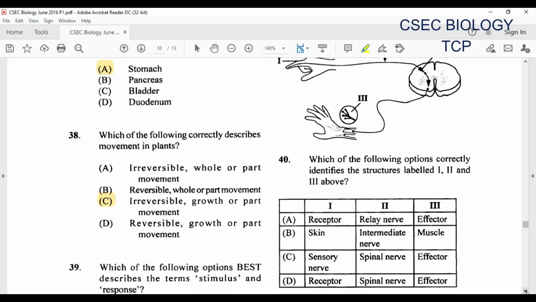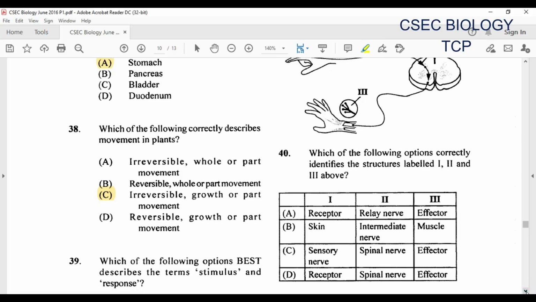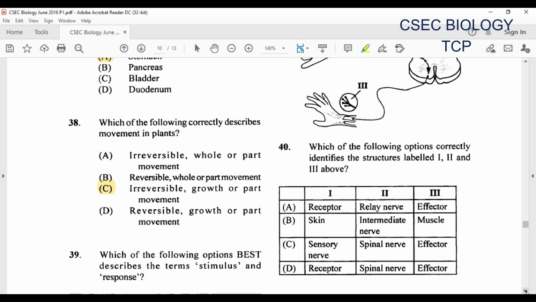Now our task is to find out which of the following options correctly identifies the structures labeled 1, 2, and of course 3. My answer, I've looked at A, B, and C, and of course I chose D, as 1 is of course the receptor, and we are going to have the spinal nerves.